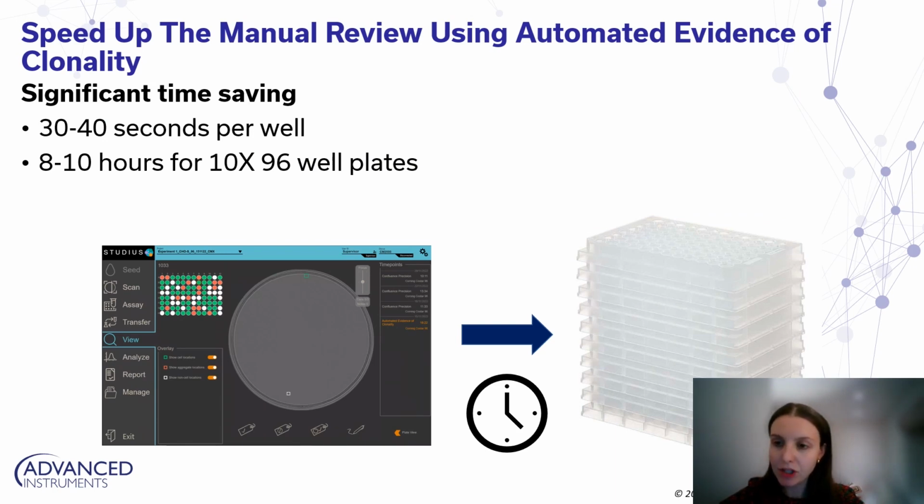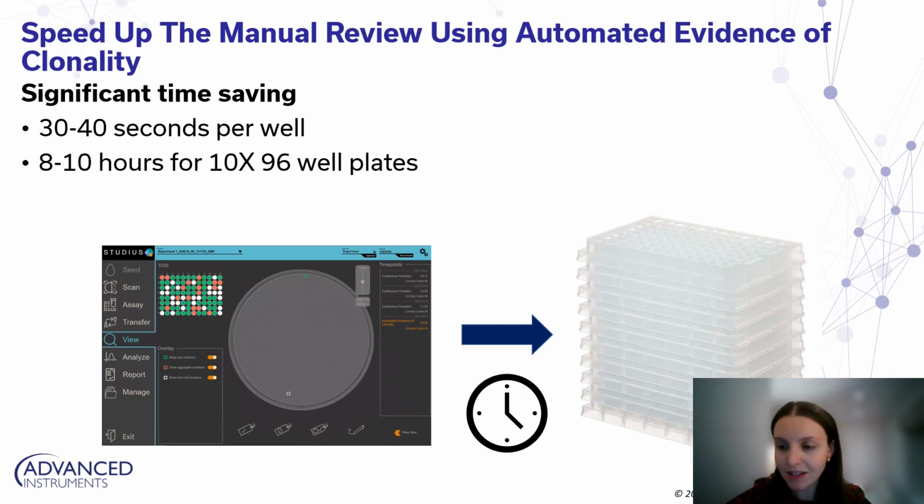As many of you will know, the process for reviewing wells for evidence of clonality is a time-consuming and labour-intensive process, making it one of the major bottlenecks in CLD. Therefore, we thought it would be beneficial to see how long this process would typically take when you have the support from automated evidence of clonality. As part of this assessment, we had multiple scientists review a 96-well plate containing single-seeded CHO cells.